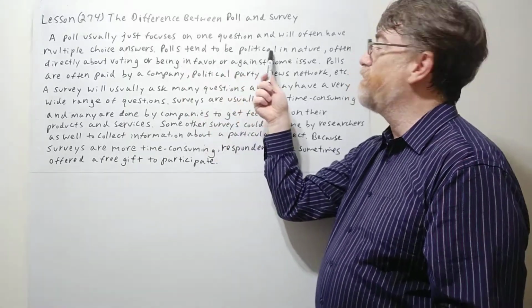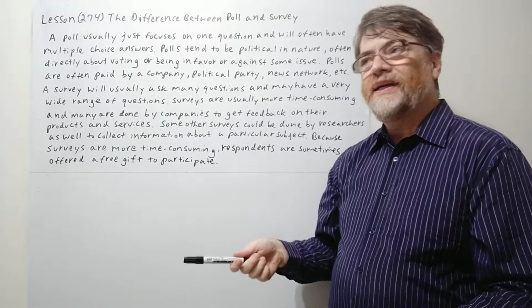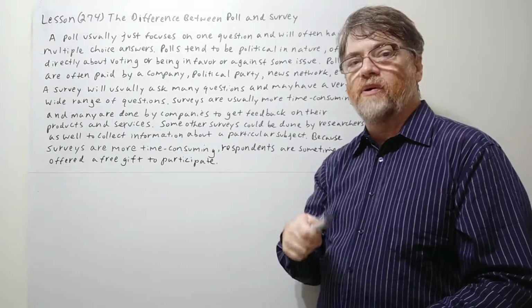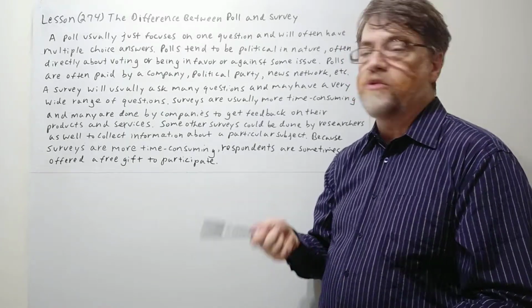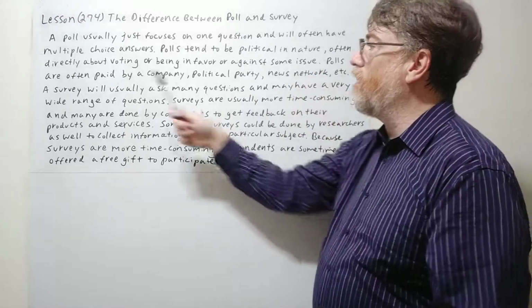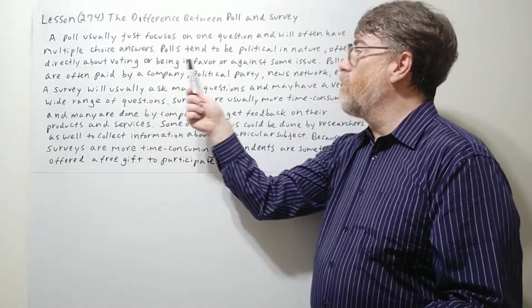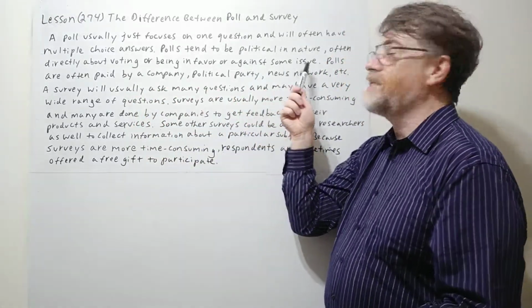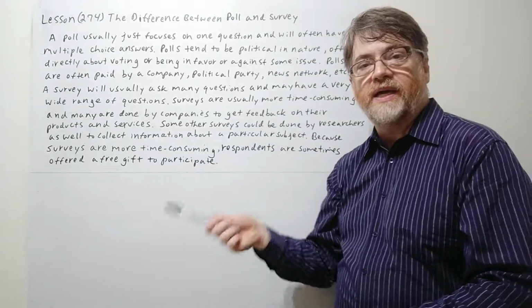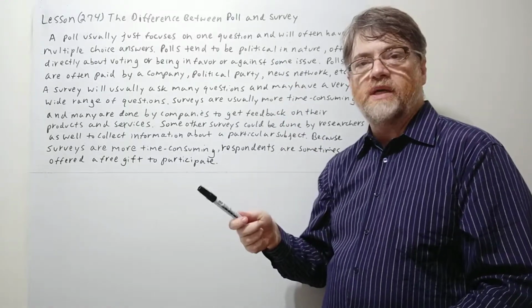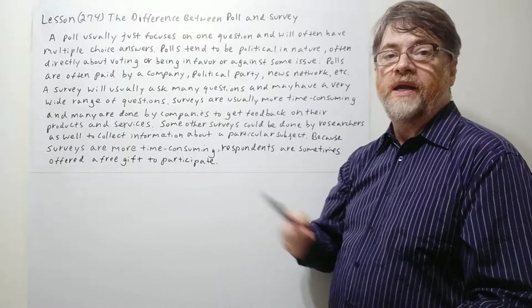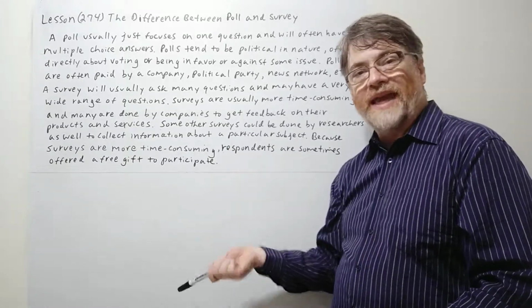Polls tend to be political in nature. So we're probably going to have more polls about politics than most other things. Often directly about voting or being in favor or against some issue in society, or maybe some issue that the government is going to be voting on, whether you're for it or against it.